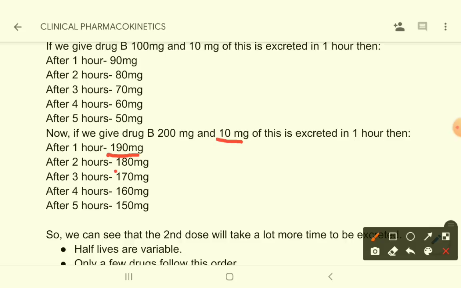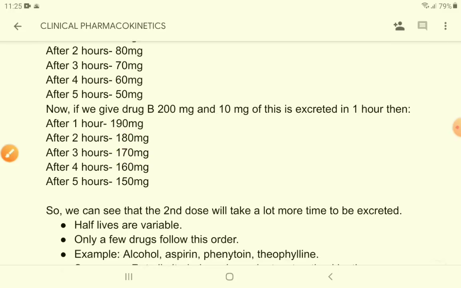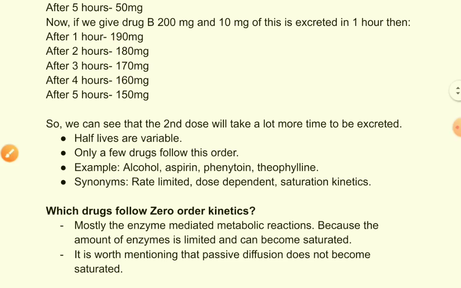After 2 hours, 180 milligram. After 3 hours another 10 milligram will be excreted, so you will get 170 milligram. And after 5 hours we will get 150 milligram. So we can see that the second dose will take a lot more time to be excreted.